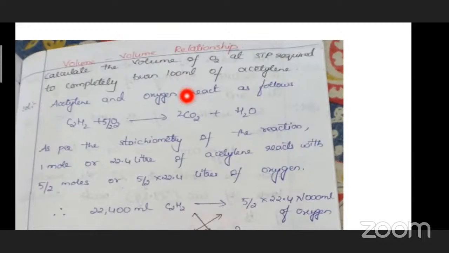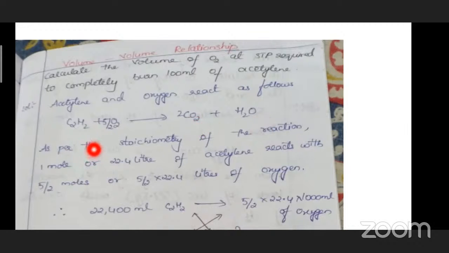Or ethine. Ethine is acetylene. This you have already learned in your 10th. C2H2 is acetylene, or ethine. It reacts with oxygen and forms carbon dioxide and water.